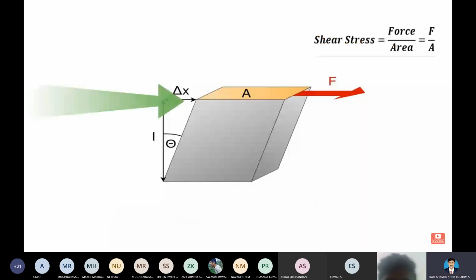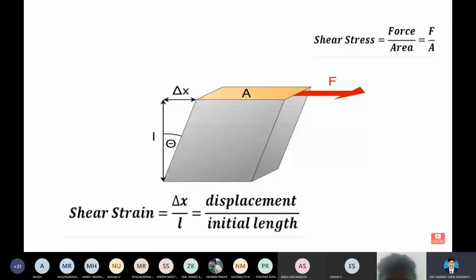When we applied the force F, it displaced one of its surfaces, del X, from its initial position. Now the shear strain in this situation will be equal to del X divided by L. This del X is the transverse displacement caused by the force F, and L is the initial length.